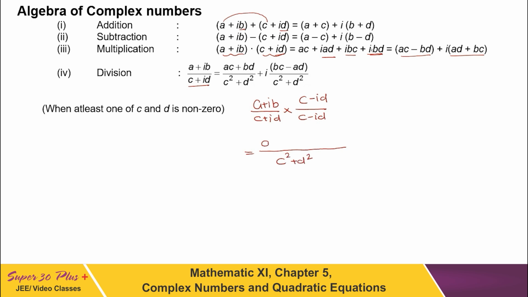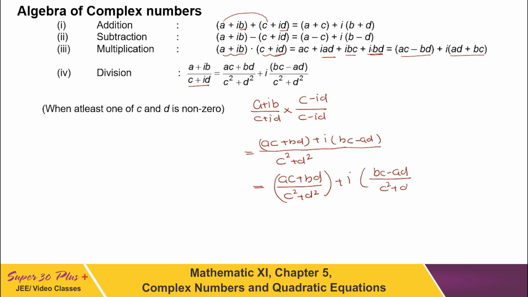The numerator is ac plus bd, and plus iota times bc minus ad. So you can write the complex number is equal to (ac plus bd) upon (c square plus d square) plus iota times (bc minus ad) whole upon (c square plus d square).